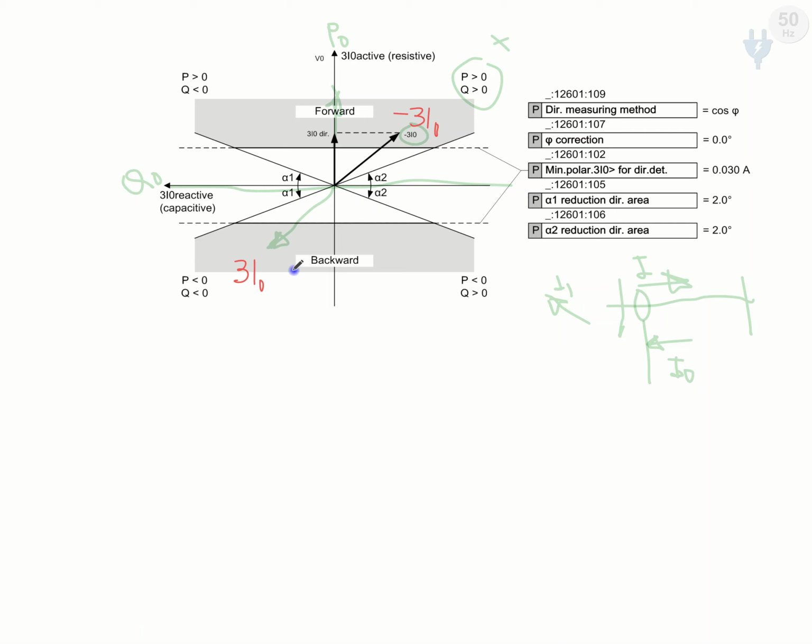This is what we discussed, that actually 3I0 is in this direction, if this I1 is in this direction. This is I1, IA1 we call it, and this is IA0 in the opposite direction.